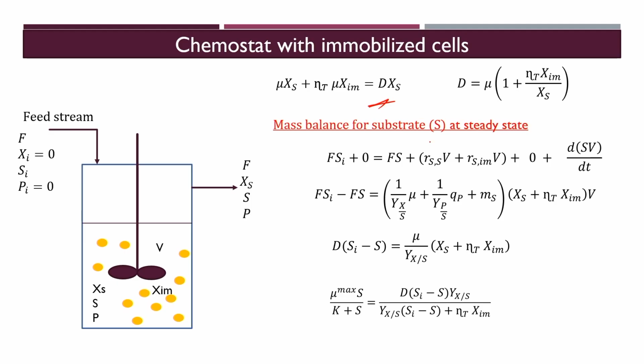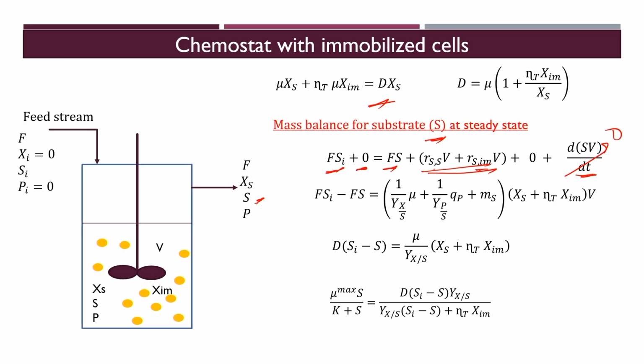Now, we will do the mass balance for substrate as well. What is coming in is F Si; going out is F S; the rate of generation is 0, there is no generation of substrate; and the rate of utilization is Rs V for the suspended cells and Rs for the immobilized cells. The rate of accumulation term will also be 0 at steady state.